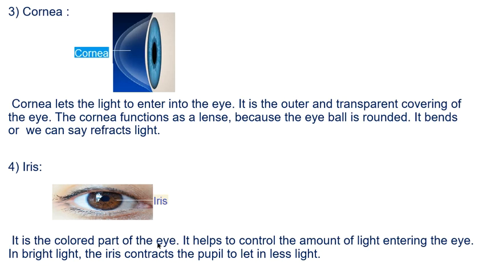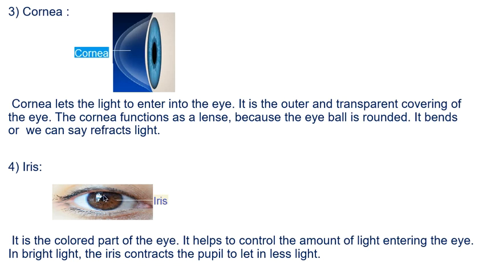So it is the colored part of the eye, this iris. It helps to control the amount of light entering the eye. In bright light, the iris contracts the pupil to let in less light. Have you seen a dilated pupil?